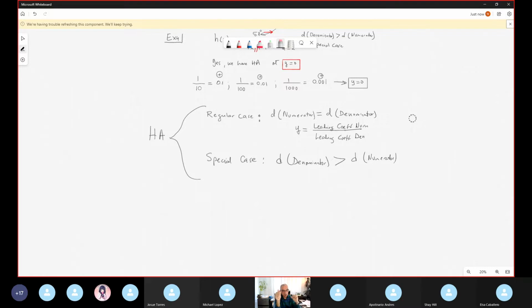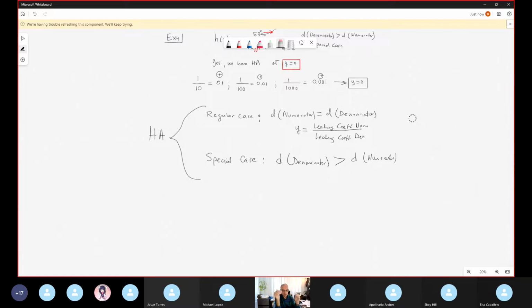If the degree is the same number, 2 and 2, 3 and 3, 4 and 4, yes, we have a horizontal asymptote. It is y equals the division of the leading coefficient on top divided by the one on the bottom, because they are the dominant. This idea is clear?